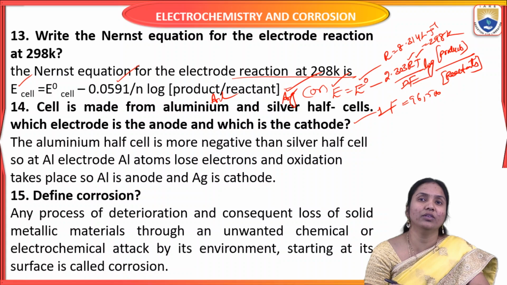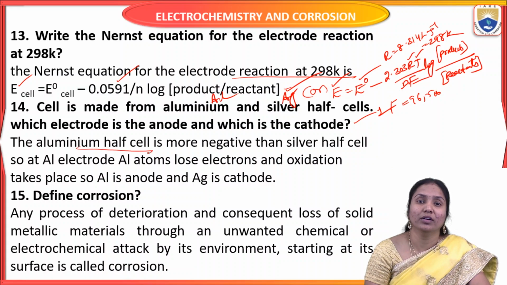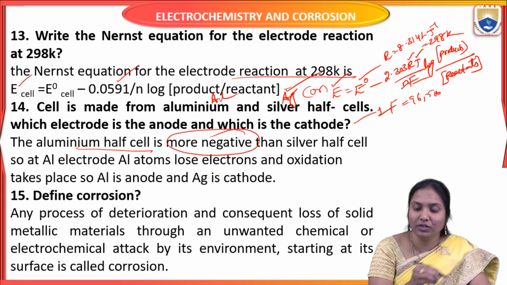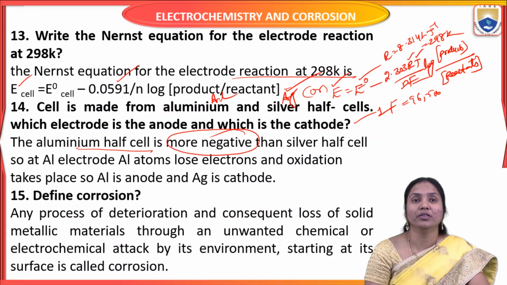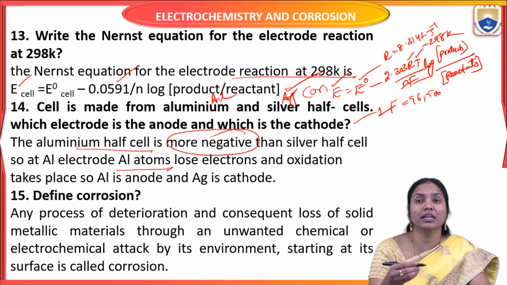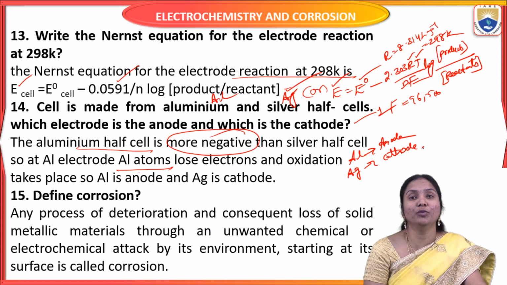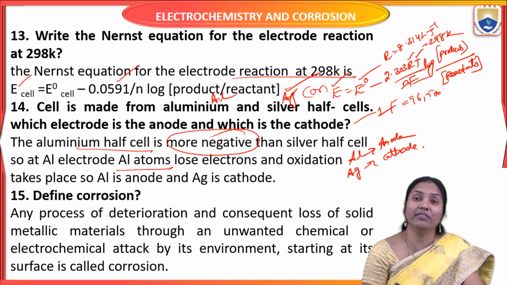which electrode is the anode and which acts as cathode in this aluminum and silver cell? Here the aluminum half cell is more negative. More negative means it acts as anodic nature and undergoes oxidation. So at the aluminum electrode, aluminum atoms lose electrons, that means aluminum acts as anode, and silver acts as cathode, because the aluminum half cell is more negative than the silver half cell.